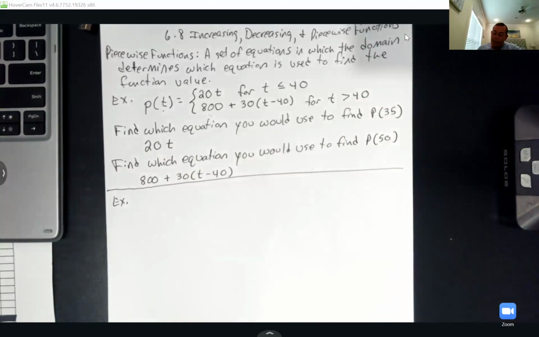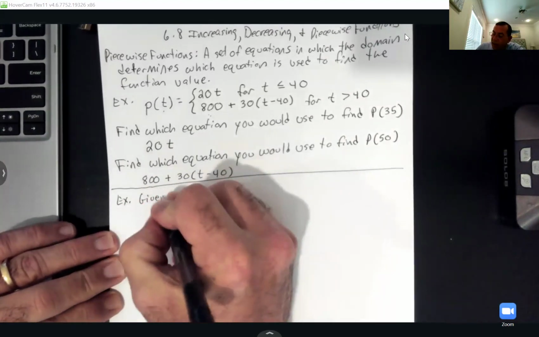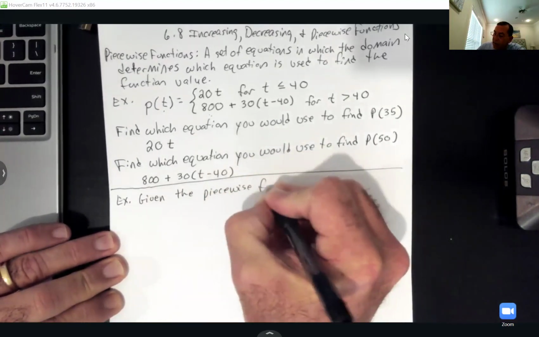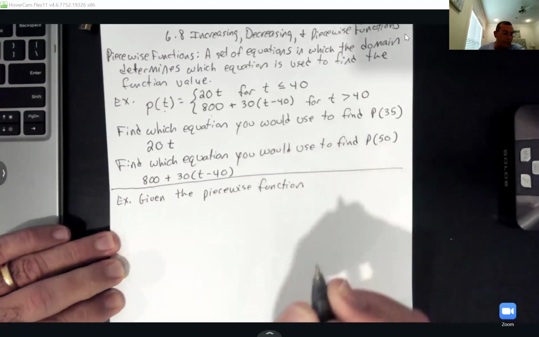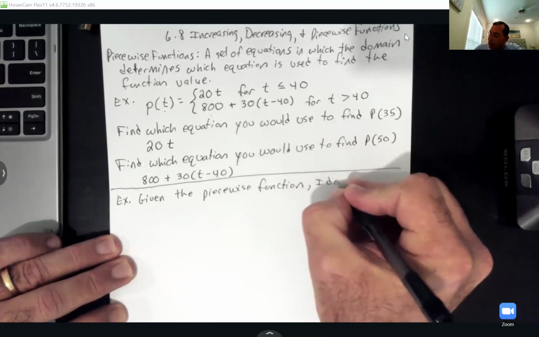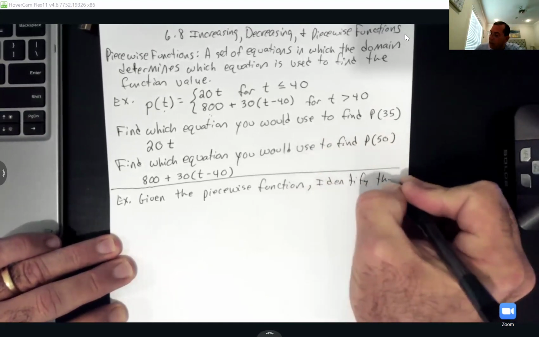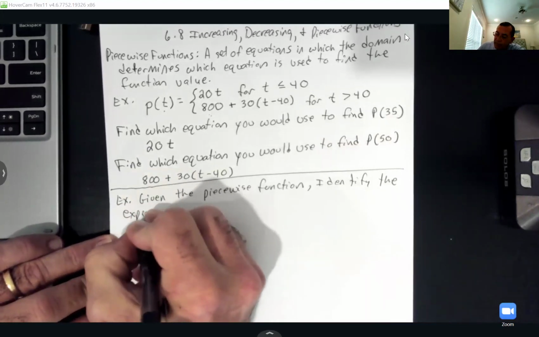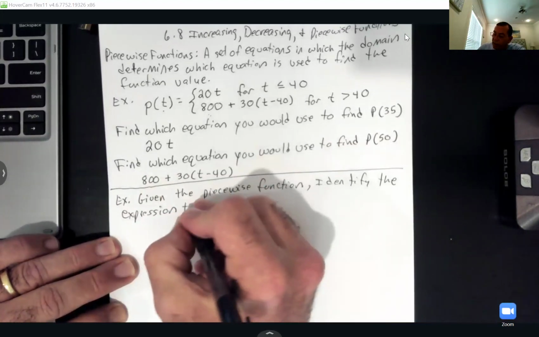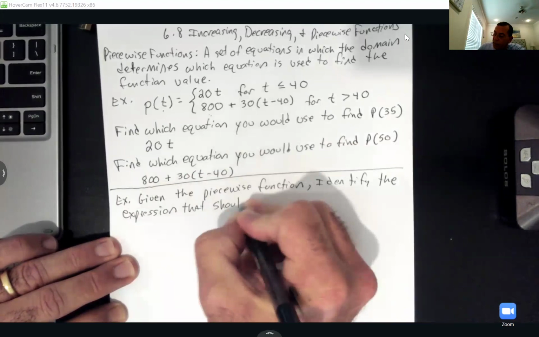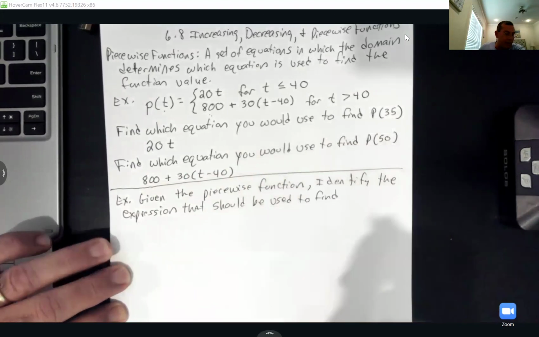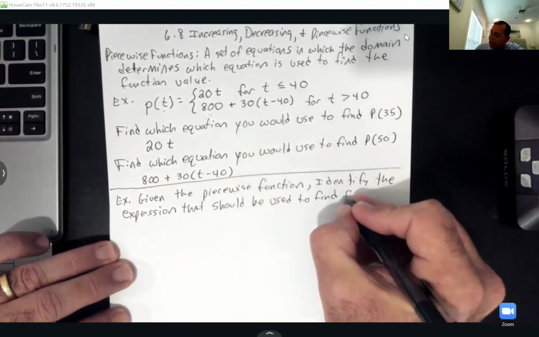All righty, so given the piecewise function, identify the expression that should be used to find f of -9.